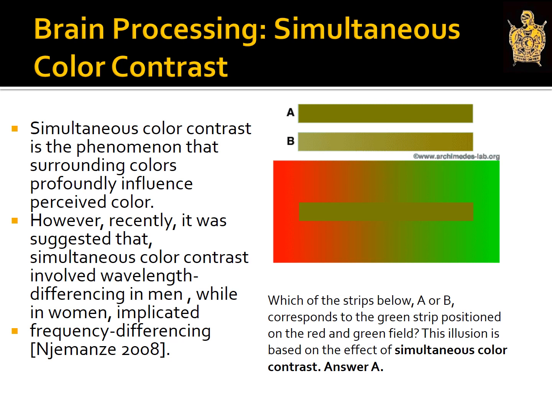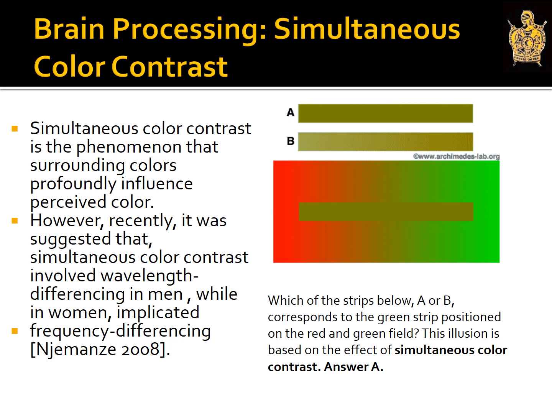Color processing is a brain computation, and we can illustrate this with simultaneous color contrast, where the surrounding colors influence the perceived color.